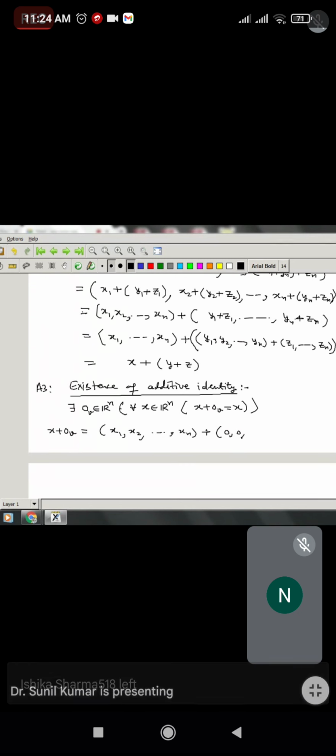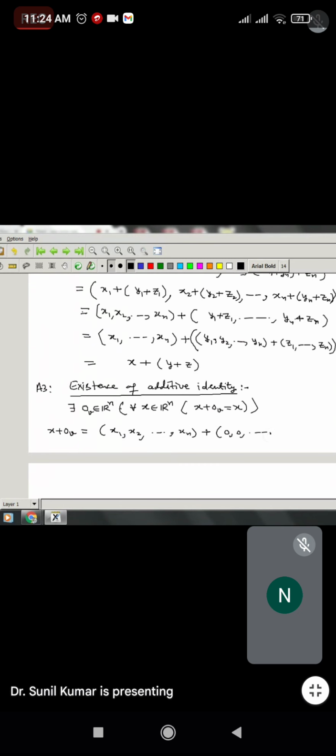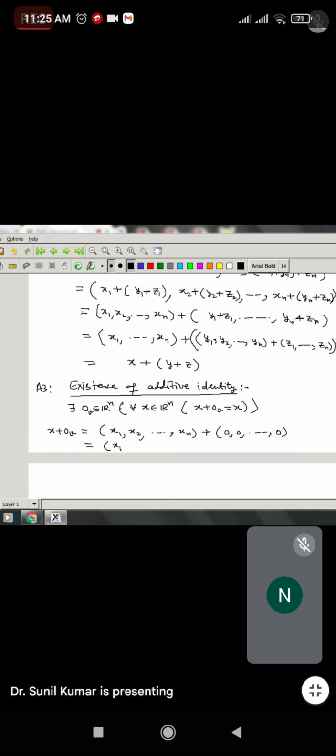Someone tell me how we can write 0v. 0, 0, 0, a tuple of zeros. Yes. And we know how we can add, we have already defined. So x1 plus 0, x2 plus 0, and so on up to xn plus 0.